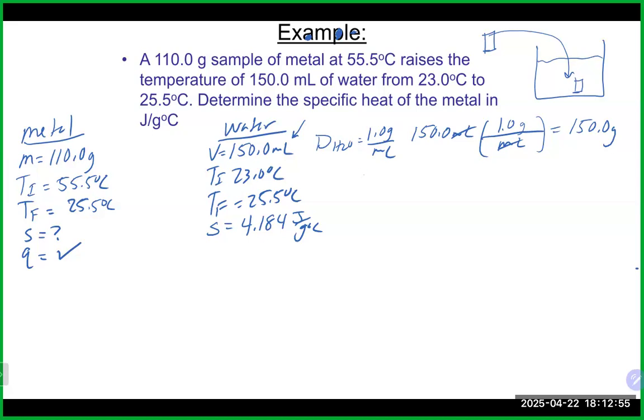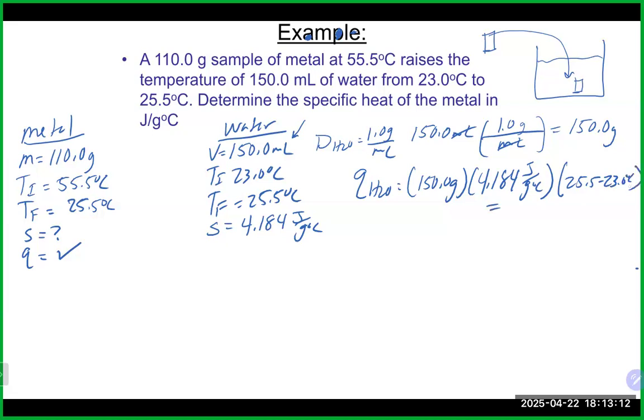So we can now do our Q for our water, and we'll go with our 150 grams. We'll use our specific heat here of liquid water. And again, we're going to go final temperature, which is 25.5, minus initial 23 degrees Celsius. Everything's going to cancel out except for joules, which is good.